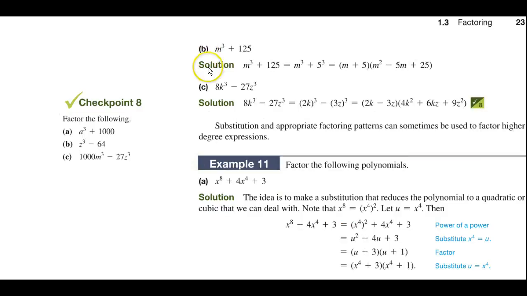So in letter B, again, the pattern is parenthesis for 2, parenthesis for 3, whatever sign is there, opposite sign there. And then follow the recipe. Now for example 11, they're just saying we can use substitution sometimes.